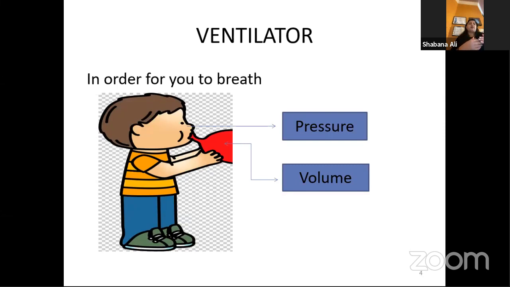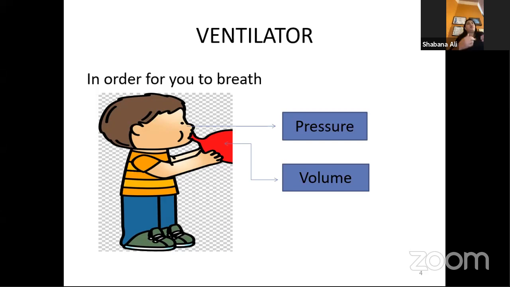Almost the same phenomenon is going on with our lungs. We inhale from our mouth and we apply a pressure to go inside our lungs, and the amount of air is going inside as well, right? Some patients are not able to do that, either they don't have enough energy because of a disease process, or some of the muscles are not working, so they cannot initiate that pressure through which air could go from their nose or mouth inside the lungs.